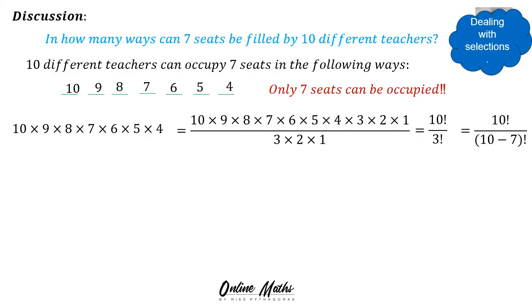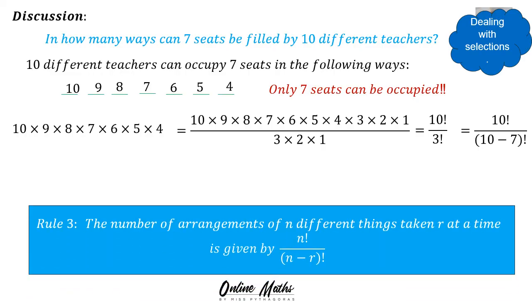And this brings me to rule 3. The number of arrangements of n different things taken r at a time is given by n factorial divided by (n minus r) factorial.